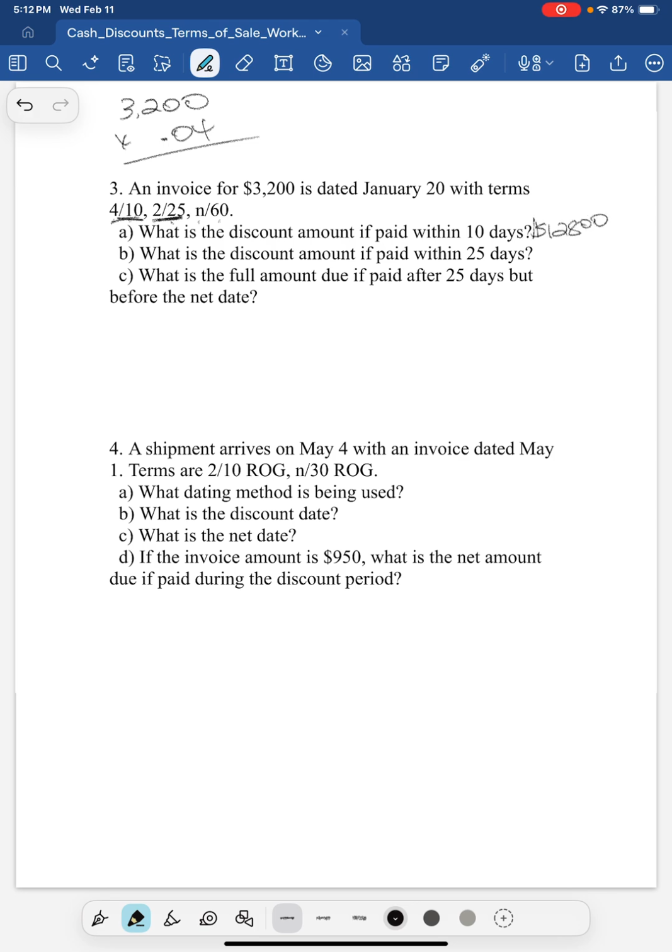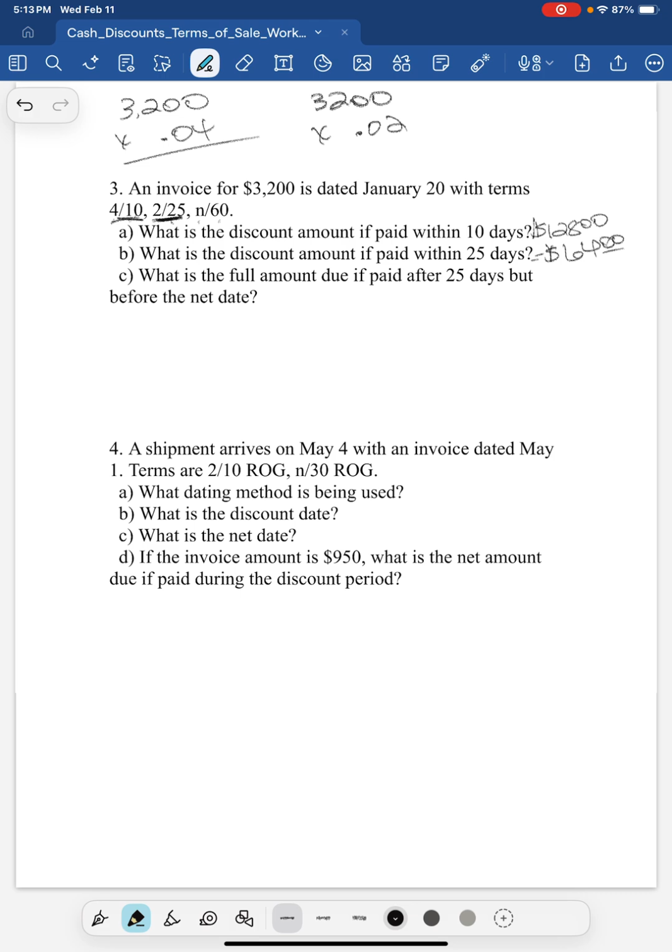Okay? What is the discount amount if paid within 25 days? So there we have times 0.02, right? Because we're still getting a discount, but we're getting a little bit less of one because we didn't pay as quickly, and it's half. As you can see, it's $64.